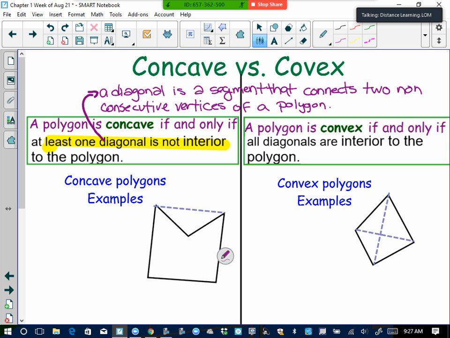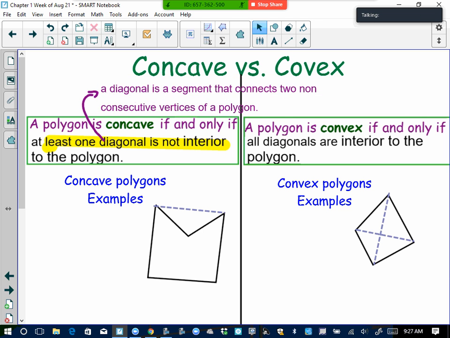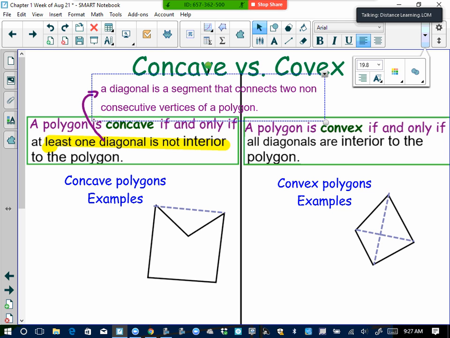So let's see how smart this smartboard is. How about that? You guys see that? Okay, so that's our diagonal definition, okay?